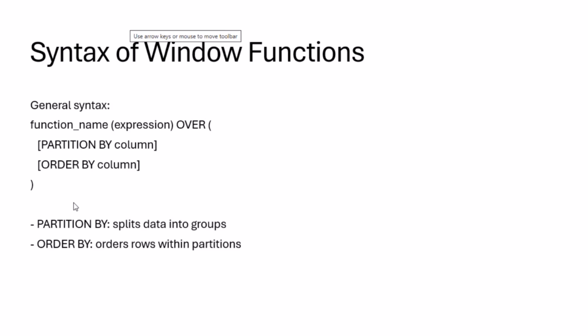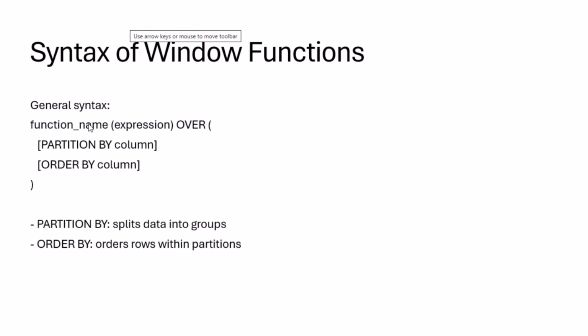That will now be ORDER BY salary. So in each department that you have partitioned by, it arranges each employee by their salary. These are just examples to explain what a window function does.